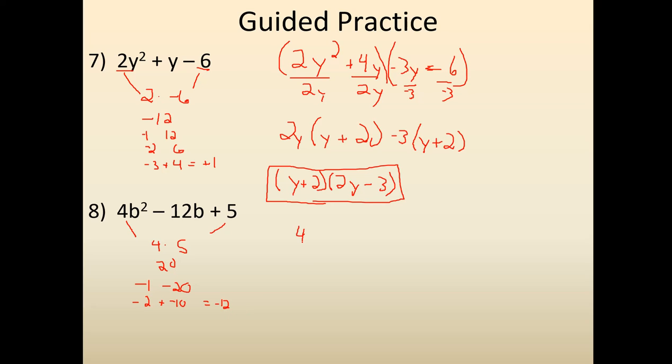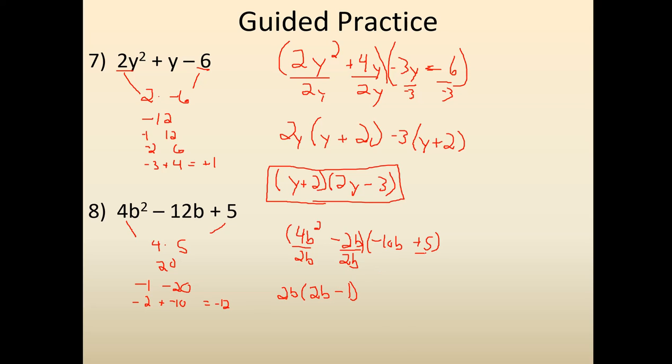So my equation becomes 4b squared minus 2b minus 10b plus 5. Group the first two, group the last two. Divide out 2b over here and a 2b over here. So when I pull that out, I'm left with a 2b minus 1.